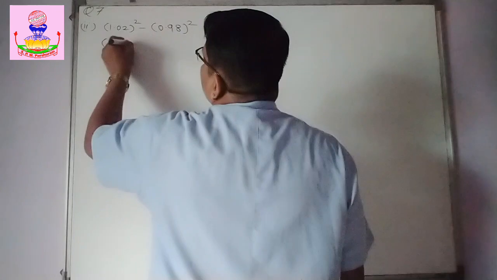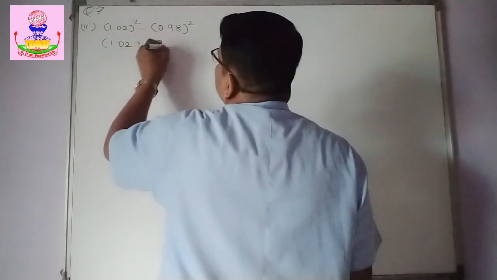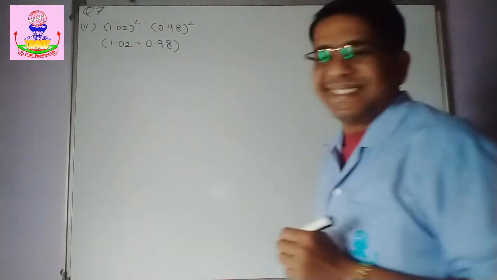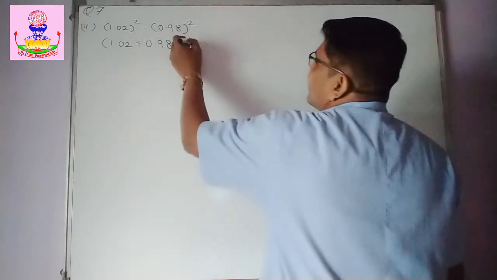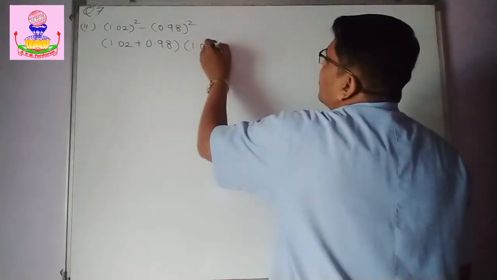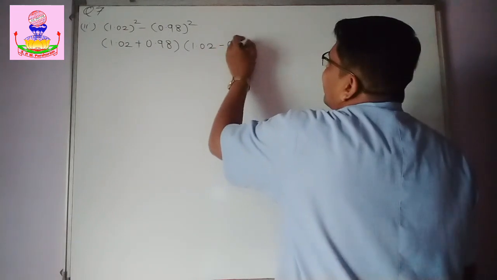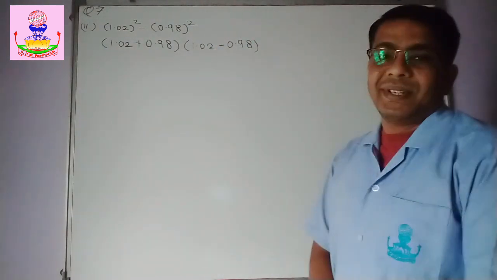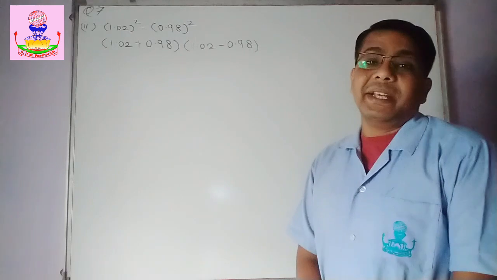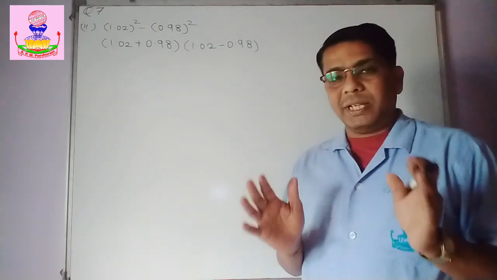So 1.02 plus 0.98 into 1.02 minus 0.98. Now decimal points, addition and subtraction, so be careful.